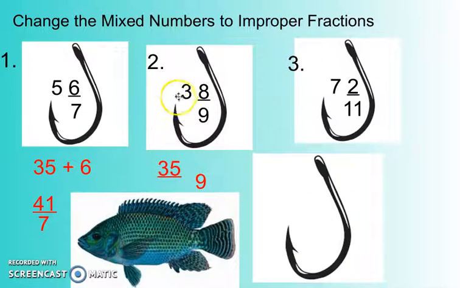That's what my whole amount is separated into, 9 equal parts. And I can check this out. 9 goes into 35 3 times, and that would get me 27, and then there'd be 8 left over. 8 ninths would get us back to our mixed number. So 35 ninths is equivalent to 3 8/9.